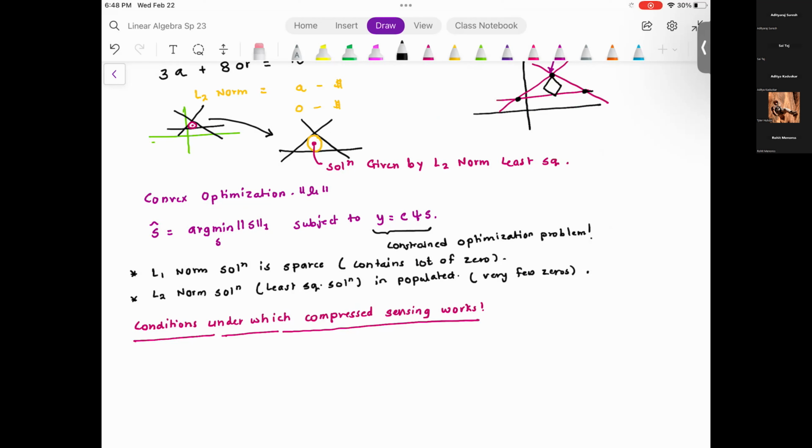So we need to understand when it would work and when it would not. So the important case here is the measurement matrix C must be incoherent with respect to the sparsifying basis.